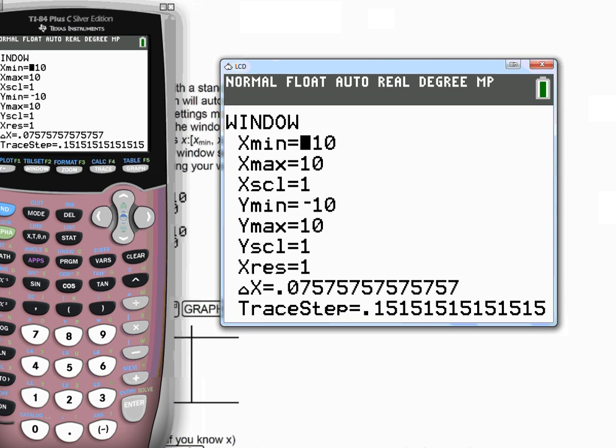Okay, so we're saying I want to look at the graph between x equals -10, that would be my minimum, to my max of +10. And a scale of 1, meaning I want each of my ticks to be worth 1. There should be 10 ticks on each side. Forgive me on my number of ticks. Same with y, we're looking at -10 minimum to a maximum 10.